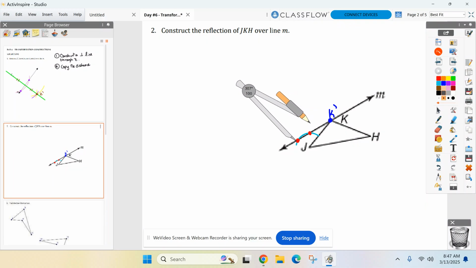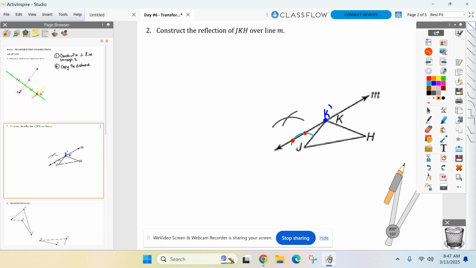Go from each point of intersection. Make two arcs that intersect. Take your time, try to make not huge arcs.